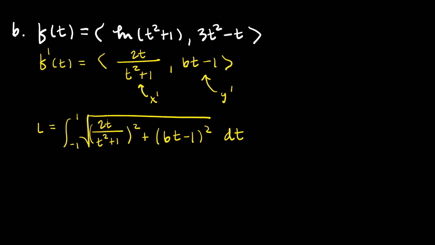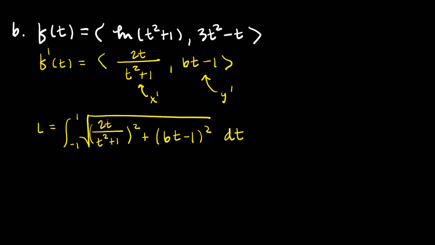Now, something's gone wrong with my document camera, so I'm not going to be showing you the actual steps of computing this, but I'm just typing it into the TI-84, just like always, using Math 9. I'm going to be in function mode, not in parametric mode, because you don't need to be in that mode to solve any of the problems. And I'm just typing in the square root of, I'm going to have to add a fraction bar. 2t, but instead of t, I'm using x, because it doesn't matter what the variable of integration is.